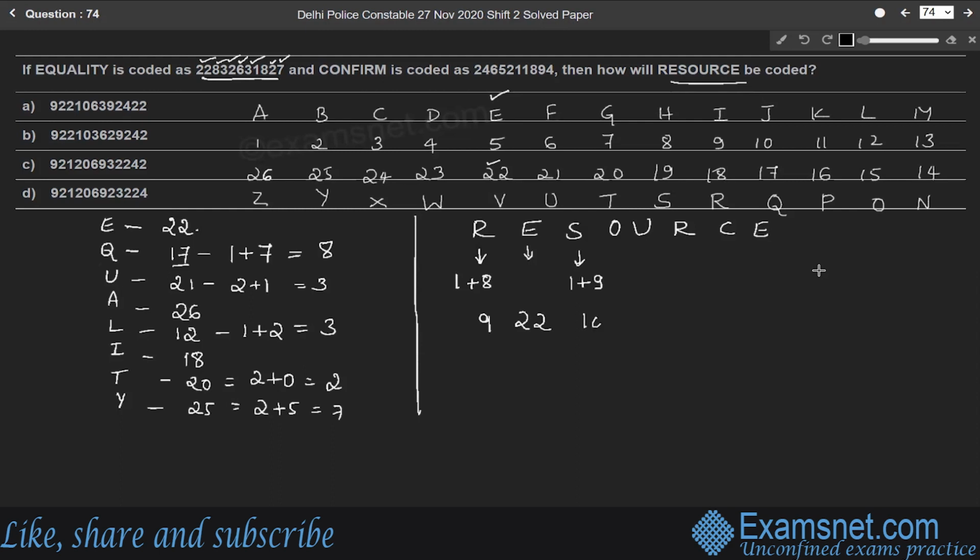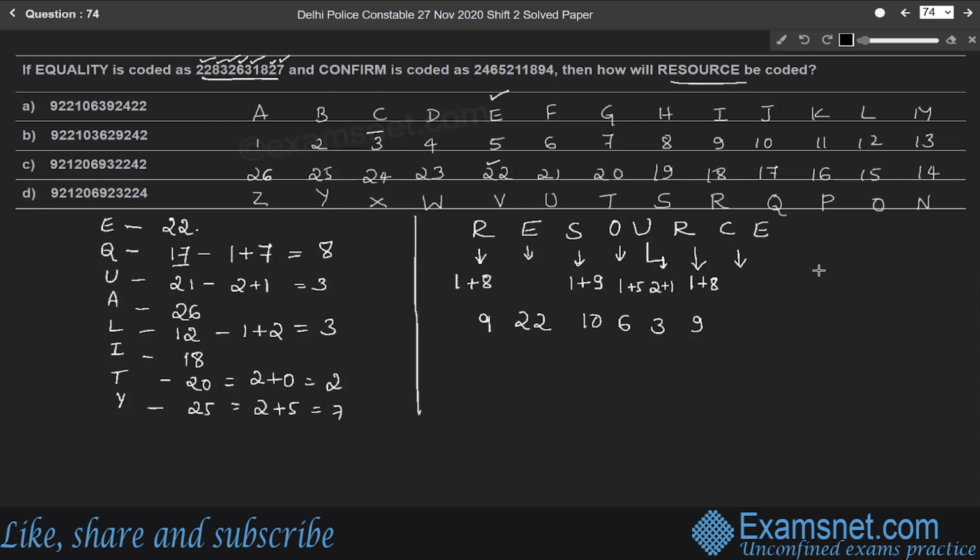Right? Of O, it is 15. 1 plus 5 is 6. The positional value of U is 21. 2 plus 1, it is 3. So R's positional value is again 18. 1 plus 8, 9.